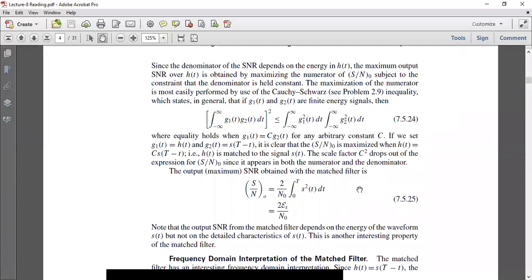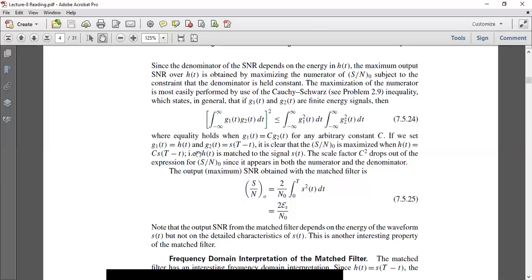So the output maximum signal to noise ratio obtained with the match filter is then given by this expression, 2 over n naught, and then we are left with the signal energy. So this is the expression for the maximum signal to noise ratio. I hope you understand it. So again, we are taking G1 and G2, and then we are putting h of t as equal to C s of T minus t.